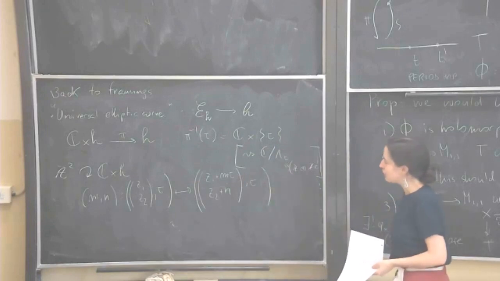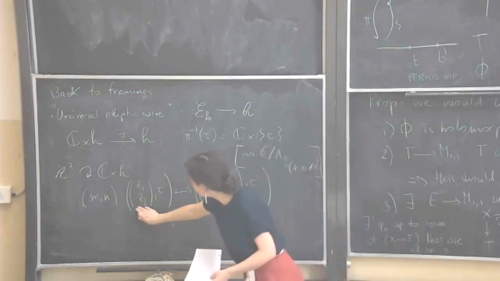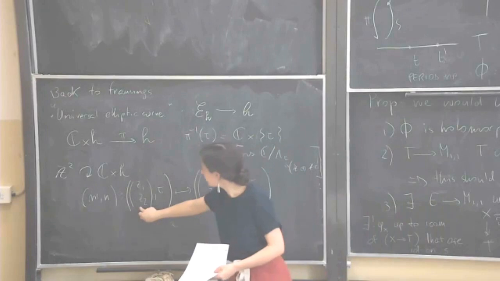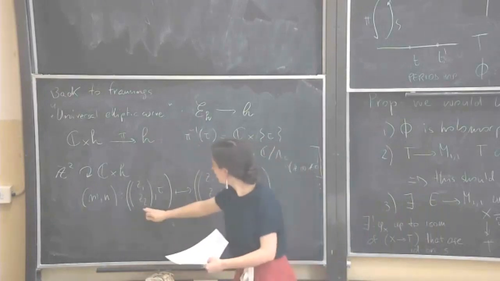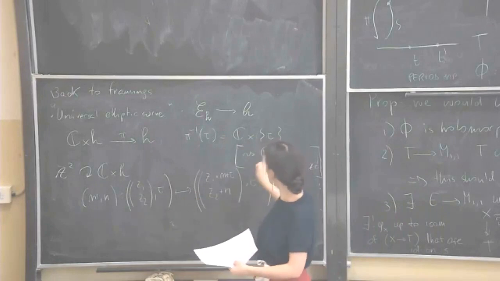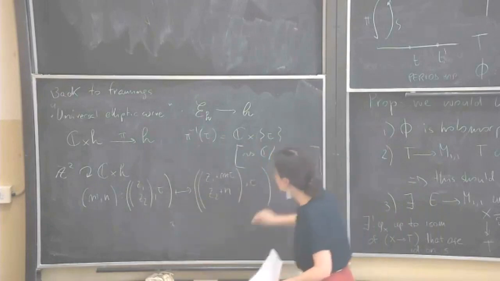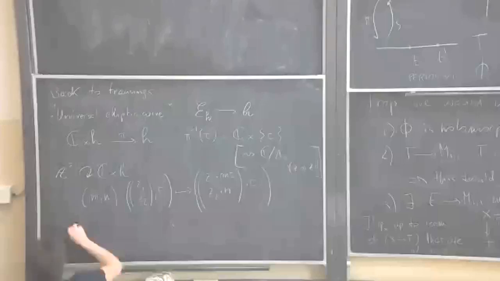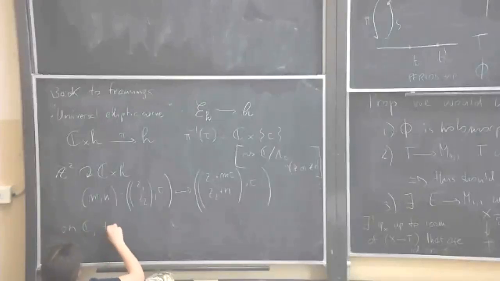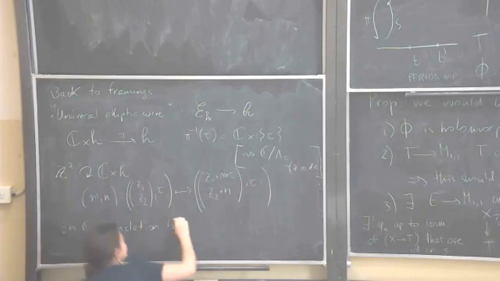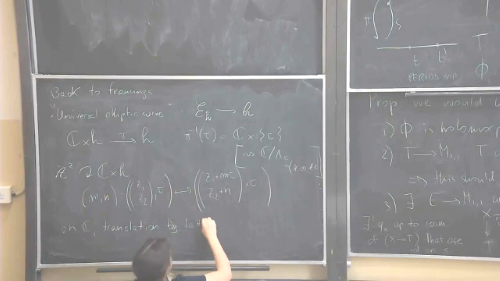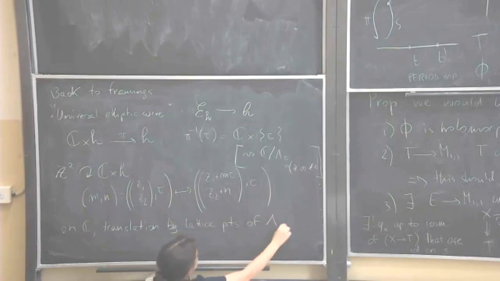Okay, so now what we are actually doing on C by this action is that we are translating by lattice points of lambda tau.